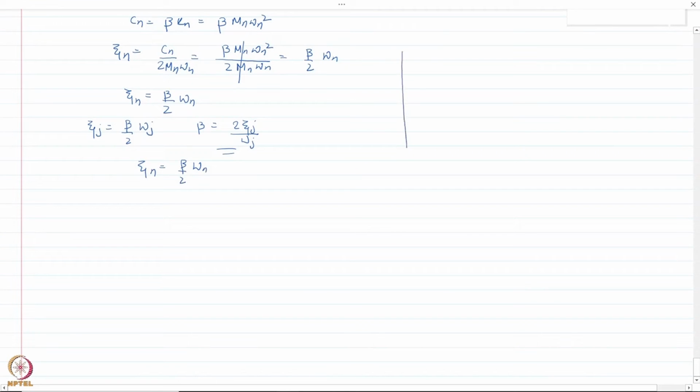And if we look at the variation for this, if this is zeta n here and this is omega n here, this is actually a linear variation between zeta n versus omega n, where the slope is beta by 2. This is stiffness proportional damping. Now, as I said, we cannot directly justify that these represent some damping mechanism.